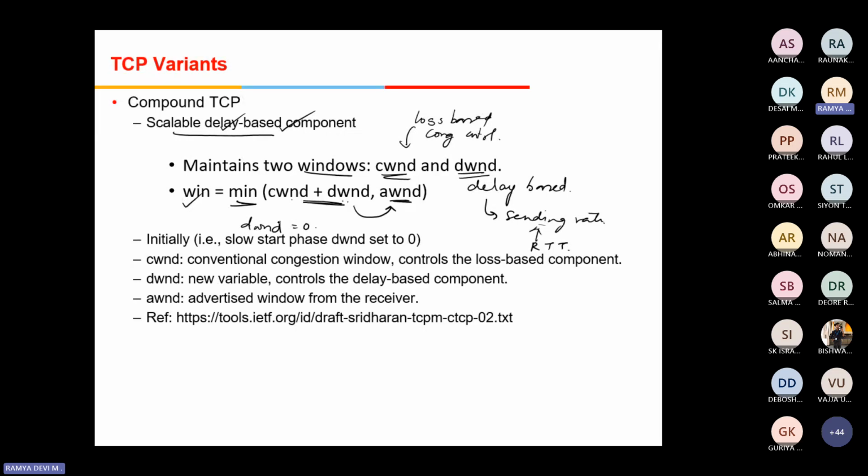The delay-based window will increase based upon the network delay feedback, so that it tries to utilize the available bandwidth when there is no congestion. In that case, gradually it will be increased. The congestion window continues to work like a loss-based component, so it reduces the sending rate when the packet loss occurs.